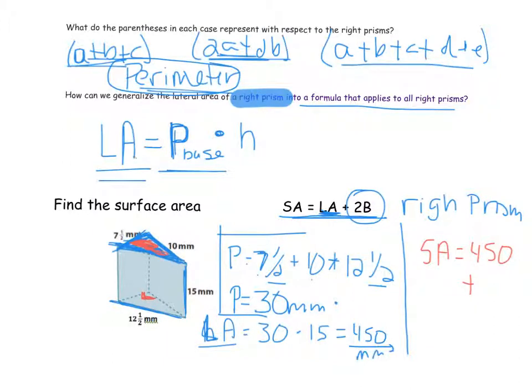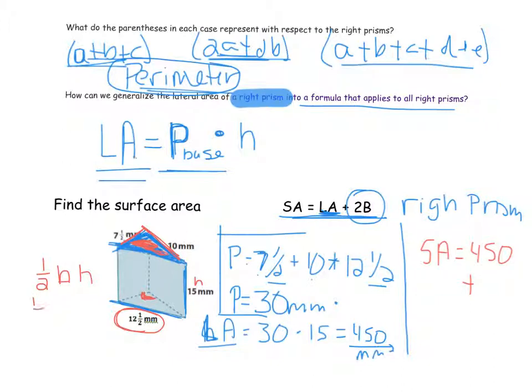So we are not going to be using this. This is going to be the base, and this is going to be our height of the base. So not of the whole prism. Remember, of the whole prism, that was my height. So remember how to find the triangle.